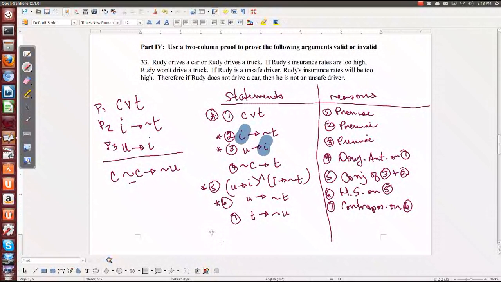So if I put statement 4 and statement 7 together, negation C conditional T, and T conditional negation U, the conjunction of 4 and 7, which by the way uses up statements 4 and 7, this is also a hypothetical syllogism.